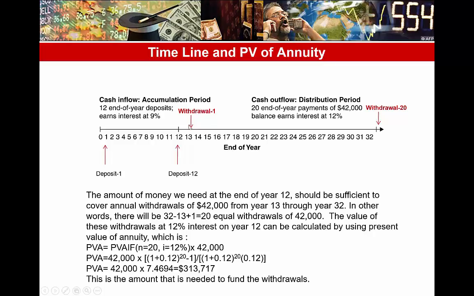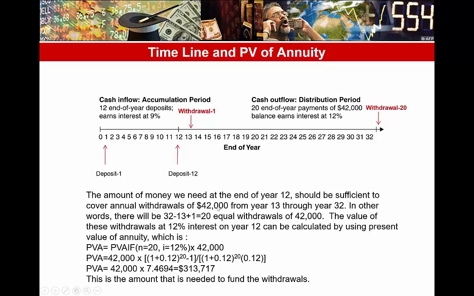And then her withdrawals are going to start on year 13, and her last withdrawal is going to take place at the end of the year 32. By that time, the account will be drawn down to 0. That means that there is not going to be any money left in the account.